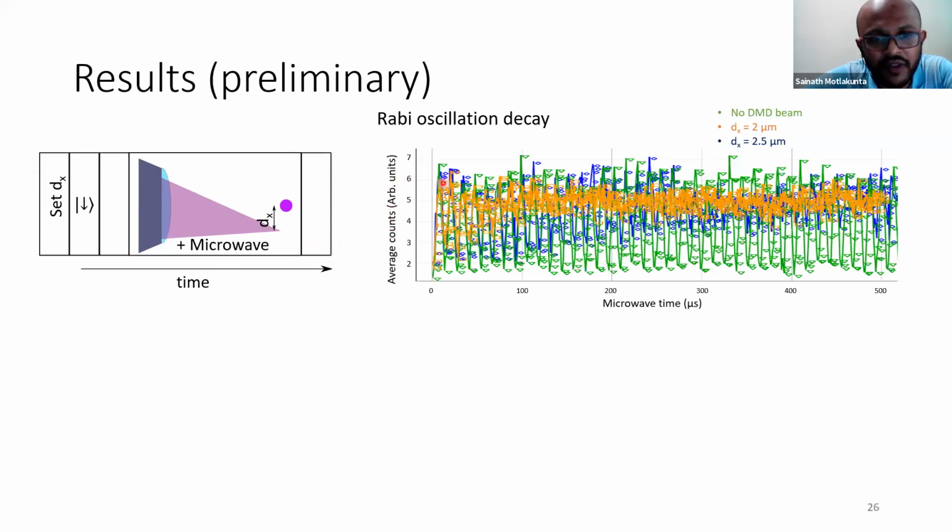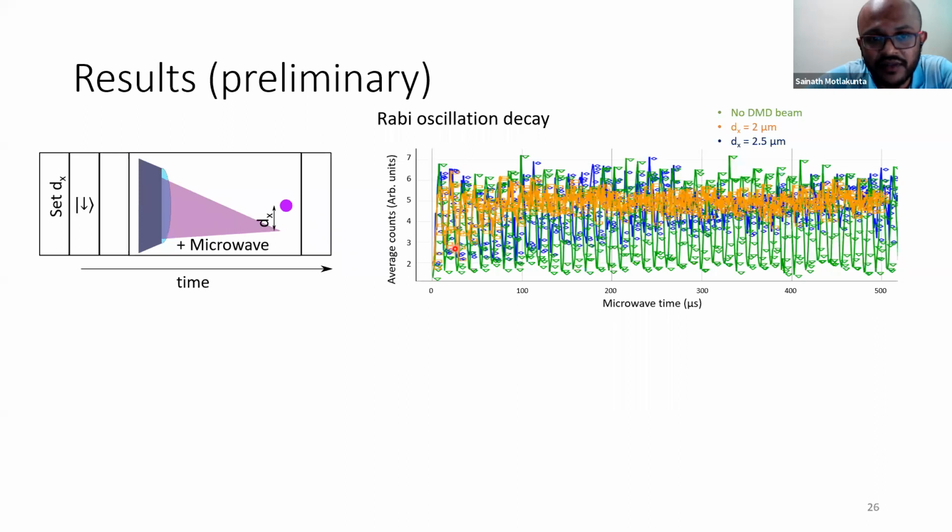The graph on the right shows the time versus the average photon counts that we obtain. Almost zero photon counts means that the ion is in the downstate, and high photon counts mean that the ion is in the upstate. We see that there is a reduction in coherence time versus the shift of the DMD beam in the image plane, as expected.